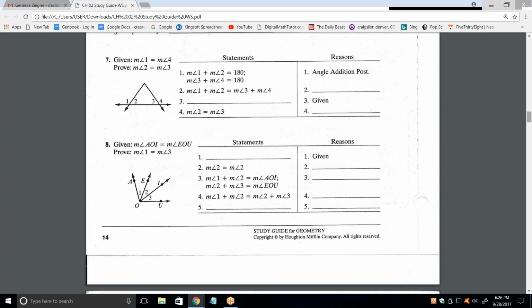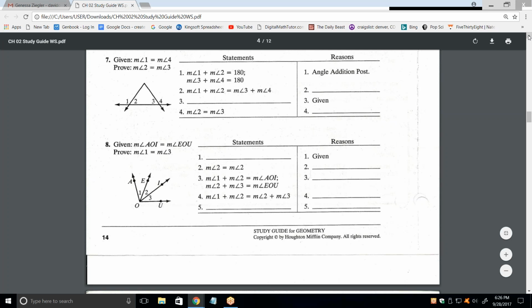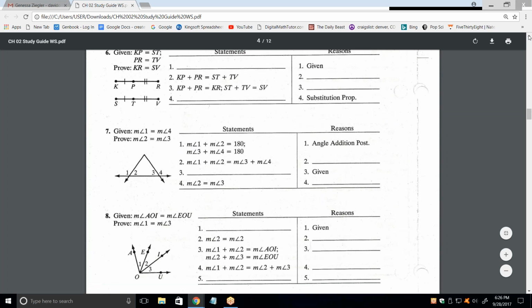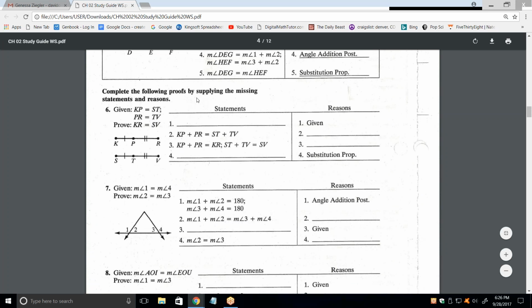All right, we've got our given. Interesting. Hold on, they've screwed up here. Why are they doing this? Why is the given number 3? What is going on here? What are we supposed to do? Complete the following proofs by supplying the missing statements and reasons.